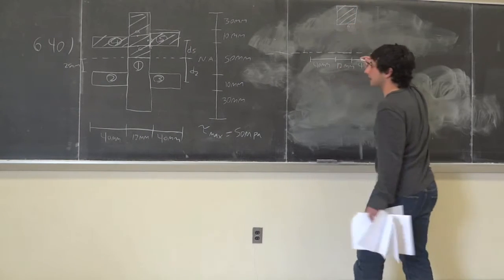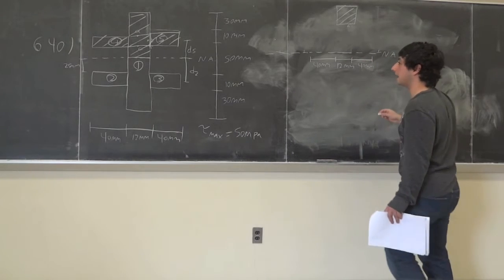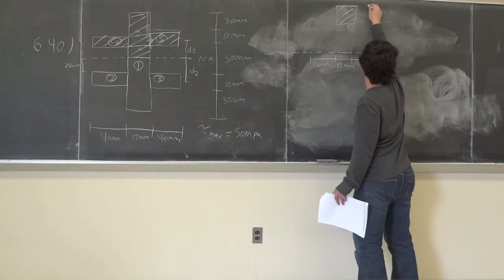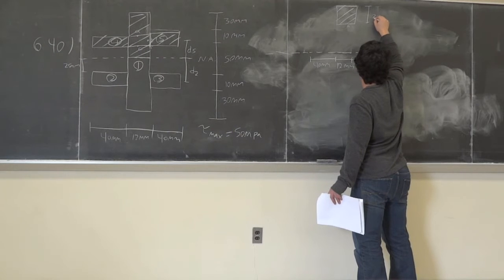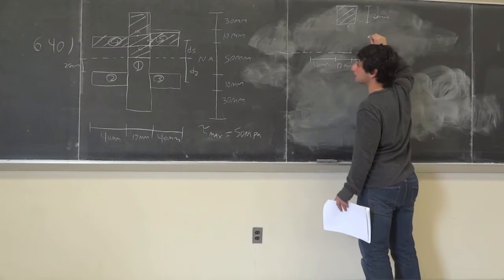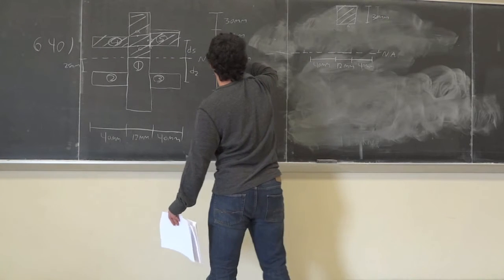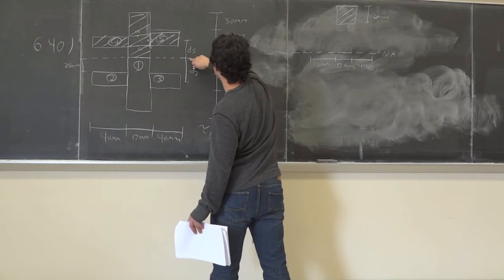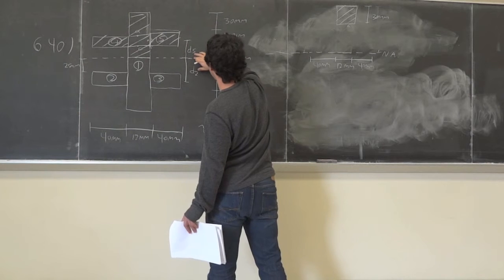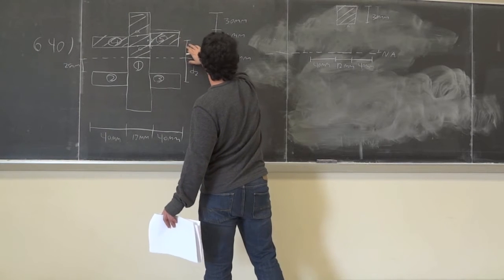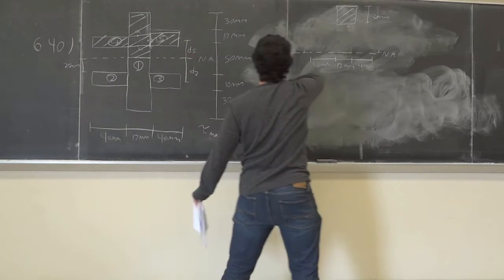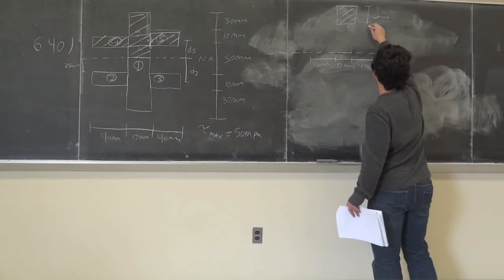We're obviously going to have to calculate Q A. And that distance is 30 millimeters. And also, this distance is from here to here. Half of 50 is 25, so from here to here is 25, and then from here to here is 10. So this distance over here is what?